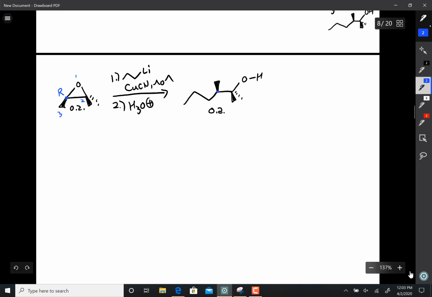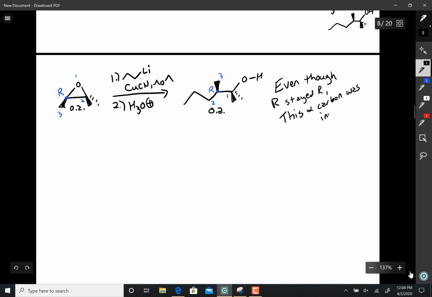We find that chiral center right here. We figure out R and S on that. 1, 2, 3. That's an R chiral center. R stayed R. Even though the R chiral center stayed R, this alpha carbon was inverted.